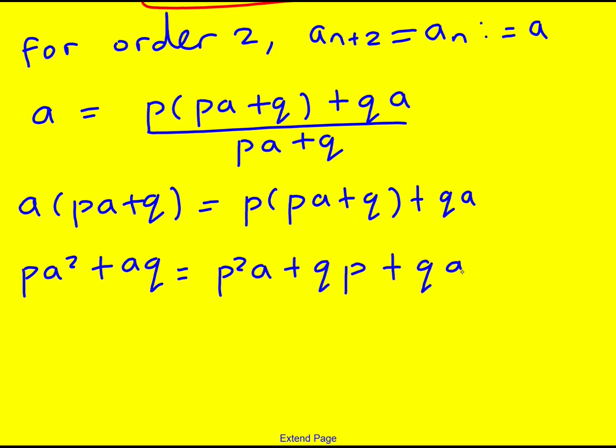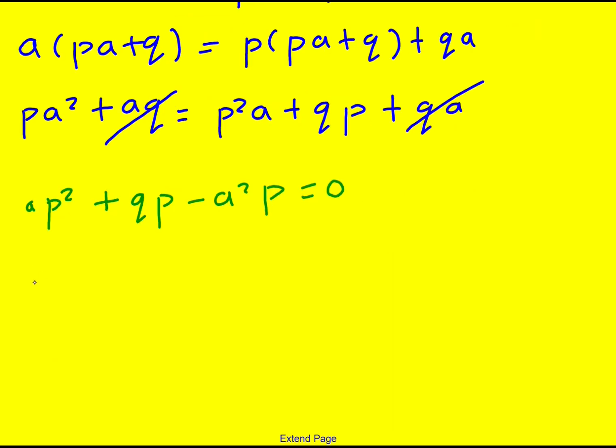Okay, these cancel. That's quite nice. And we've actually now got a quadratic in p, so let me maybe write it as a p squared plus qp minus a squared p equals 0. I'm going to factorize out the p. Be careful not to just cancel it out because it could equal 0.